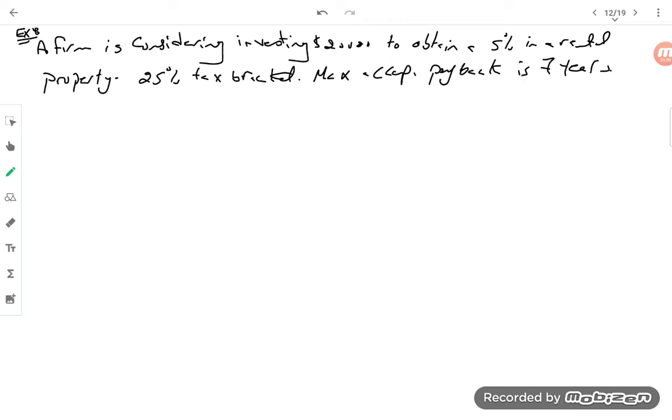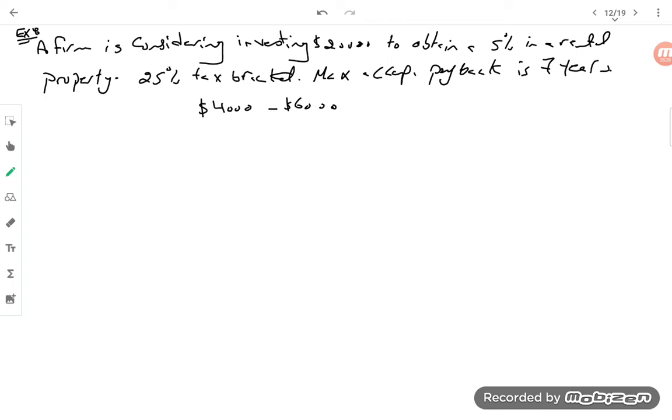If you know that this firm is going to receive between 4,000 to 6,000 per year, what's the payback period from this investment?